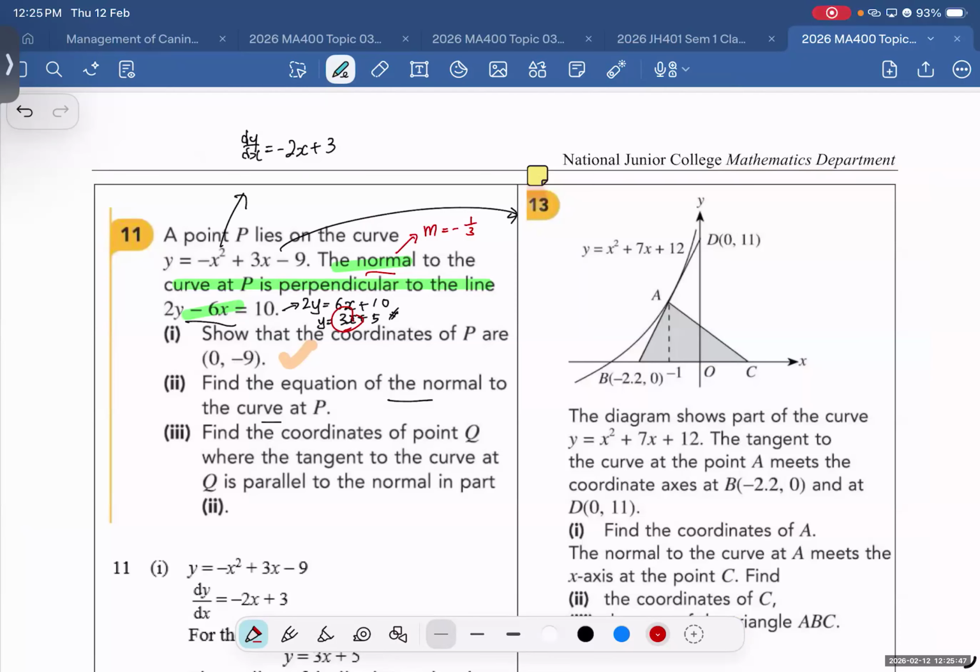Let me see the place where you got the working. I say again, 11 part 3. Where is this number? Show me.